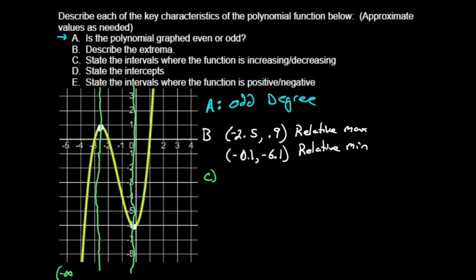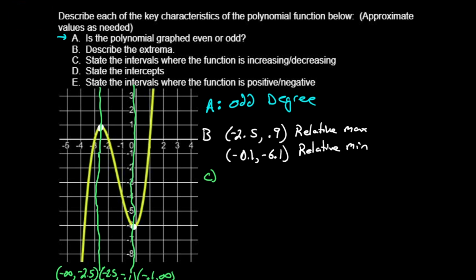Negative infinity until that first extrema, which had an x value by our approximation of negative 2.5. Then negative 2.5 to negative 0.1. And then from negative 0.1 to infinity would be the 3 intervals.